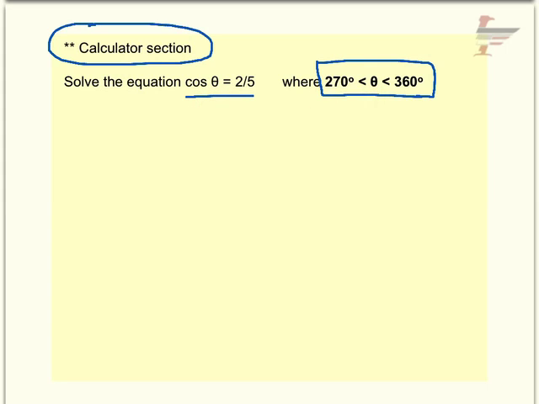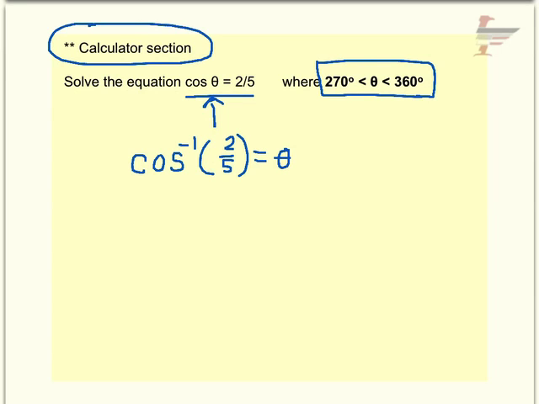Well, theta between 270 and 360 is in the fourth quadrant. So this is telling you to ignore those restrictions and make sure that this angle occurs in the fourth quadrant. What I do first is figure out what theta is, and you can use your inverse trig function. Inverse cosine of 2/5 is going to give me theta.